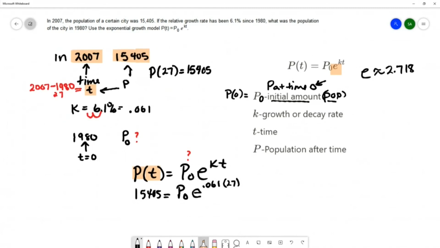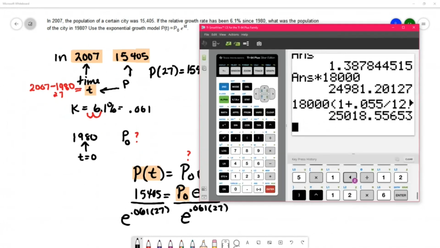I can solve for this initial population, this population in 1980, by dividing both sides by e to the 0.061 times 27. So we're going to get the calculator out and type this value in.